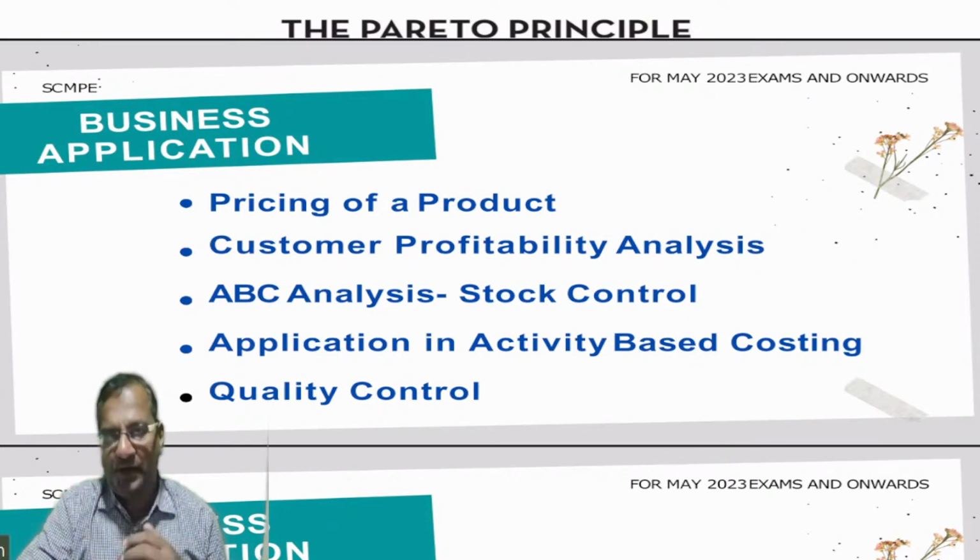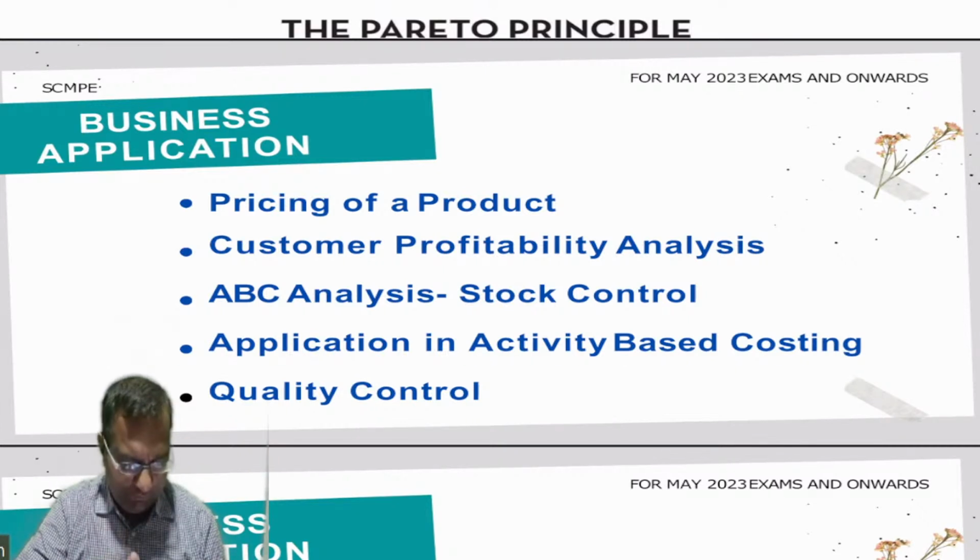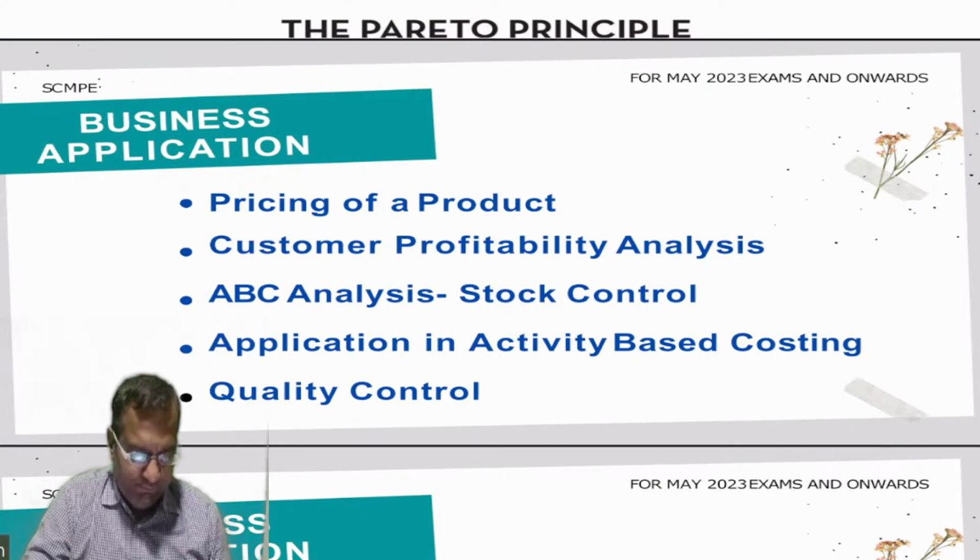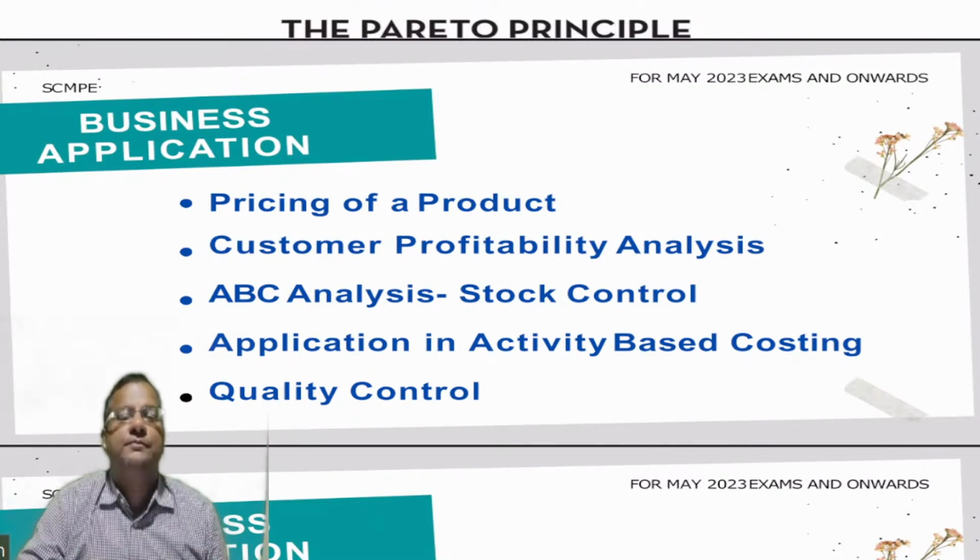Write down one by one, beta. Next line, first point, pricing of a product. Second point, customer profitability analysis.